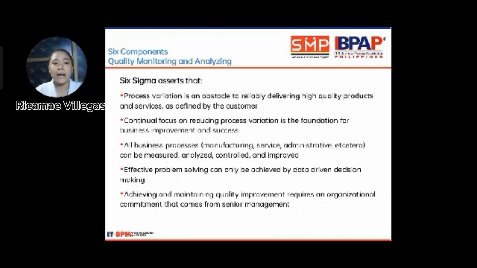Six Sigma asserts that process variation is an obstacle to reliably delivering high-quality products and services as defined by the customer. Continual focus on reducing process variation is the foundation for business improvement and success, and all business processes, manufacturing, service, administrative, etc., can be measured, analyzed, controlled, and improved.